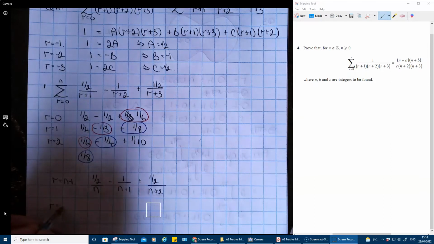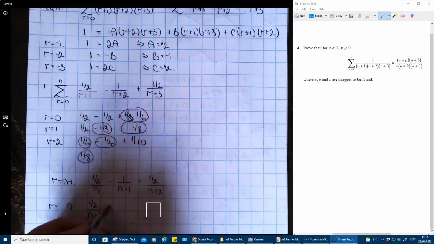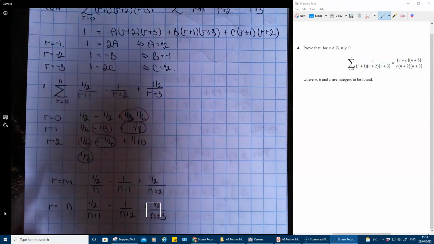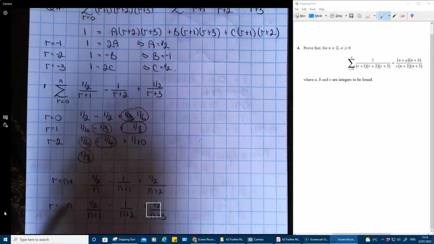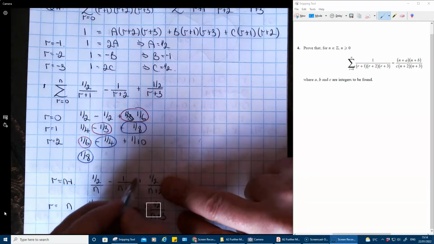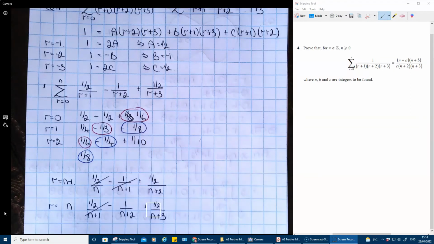R equals n, and I get a half over n plus 1, take away 1 over n plus 2, plus a half over n plus 3. Now I know I'm only left with 3 at the beginning, so I must be left with 3 at the end. These three here. So these will all cancel. I'll be left with these three terms and those three terms.